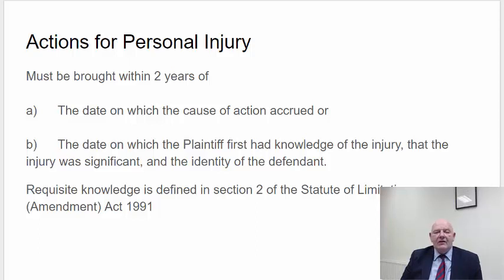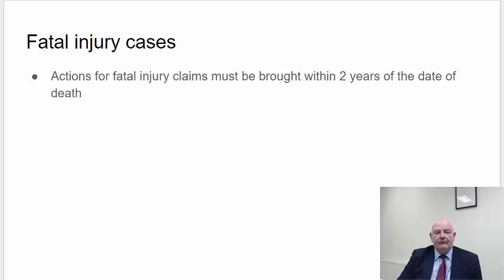So it's the date on which the plaintiff, that's you, first had knowledge of the injury, and that the injury was significant, and you knew the identity of the defendant. Requisite knowledge, then, is defined in Section 2 of the Statute of Limitations Amendment Act of 1991.